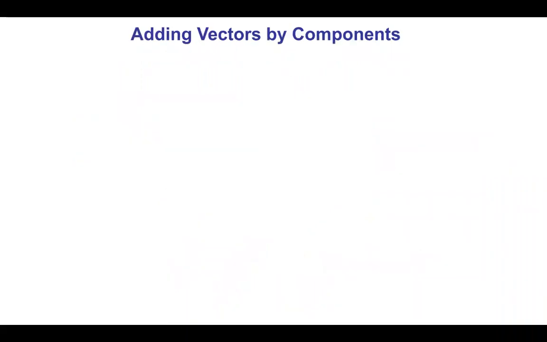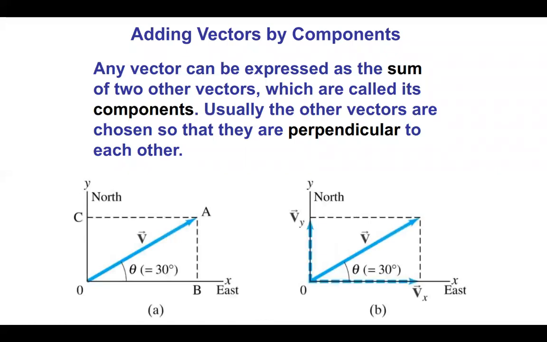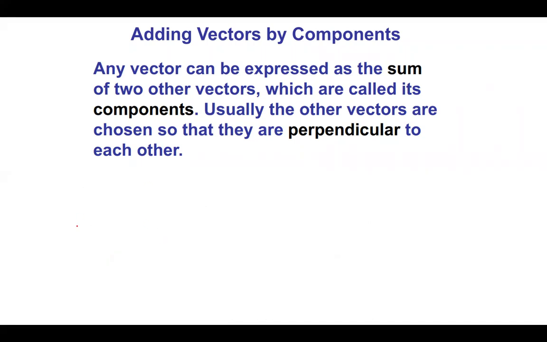So let's look at how we can add vectors by components. If you have a vector coming from the origin there, then you've been taught, if this is the resultant vector, and they ask you to resolve this into two components, you're going to find its y component and its x component like that.